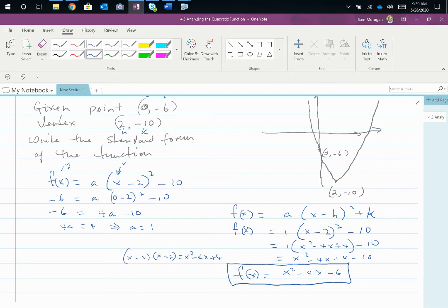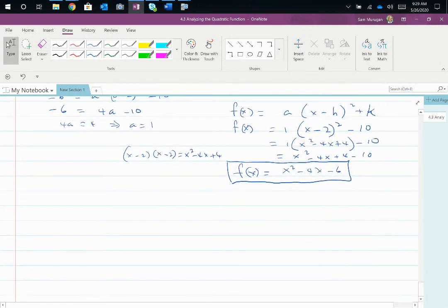One final example here. Given h and k is equal to 1 and negative 4, and the point x and y is equal to 2 and negative 2.